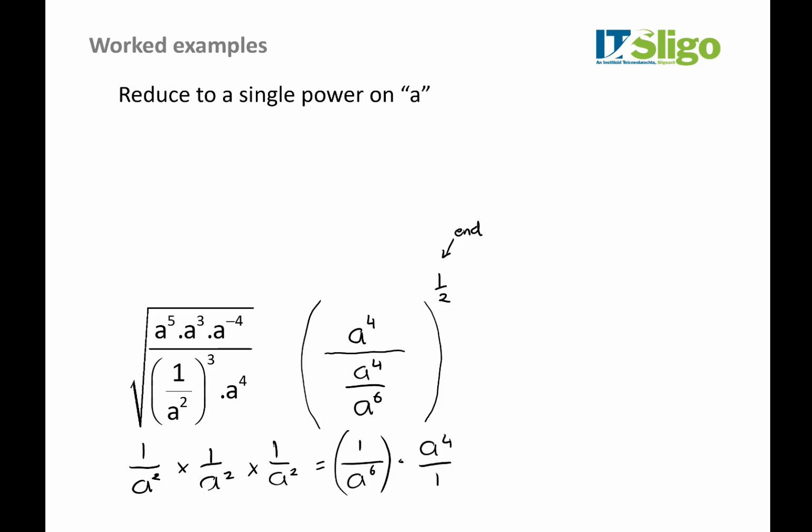And now, again, I'll keep my half. On the top, I have a to the power of 4. Always just take it step by step. And on the bottom, guys, I have a, remember, top power minus the lower power. So that will give me minus 2.